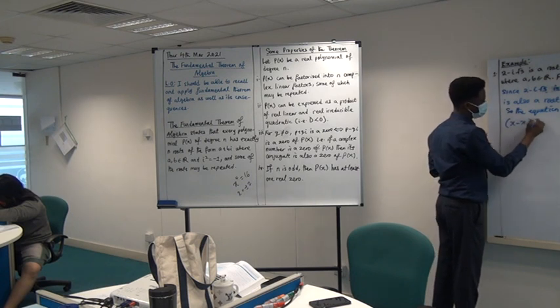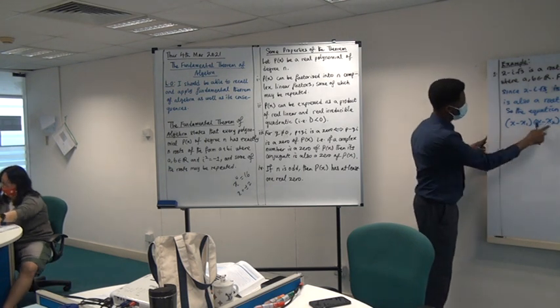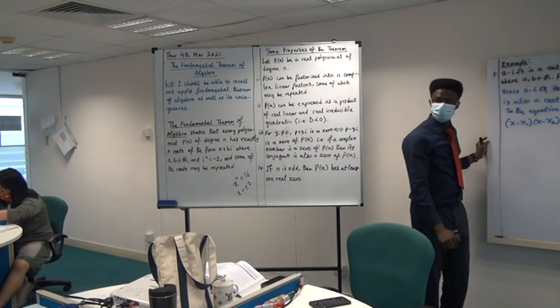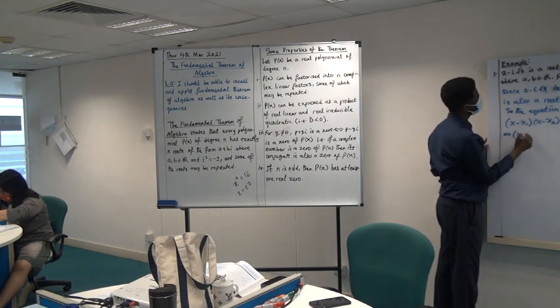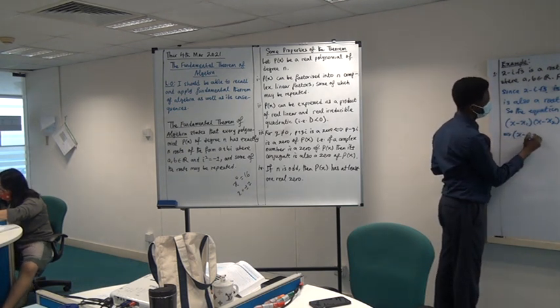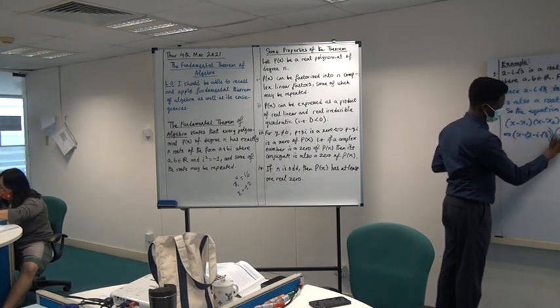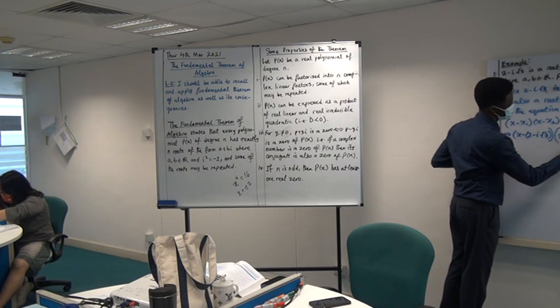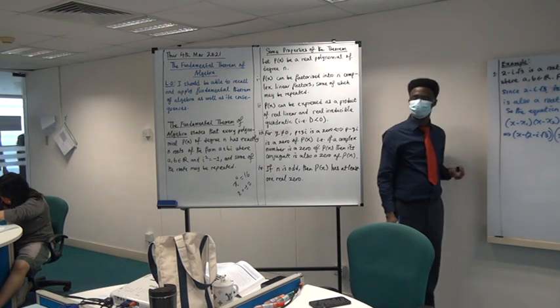So remember, it should be x minus x1 times x minus x2, because it's 0, where x1 and x2 are these two. So we can say this is x minus the first one, 2 minus i root 3, then x minus 2 plus i root 3. So that is the equation.